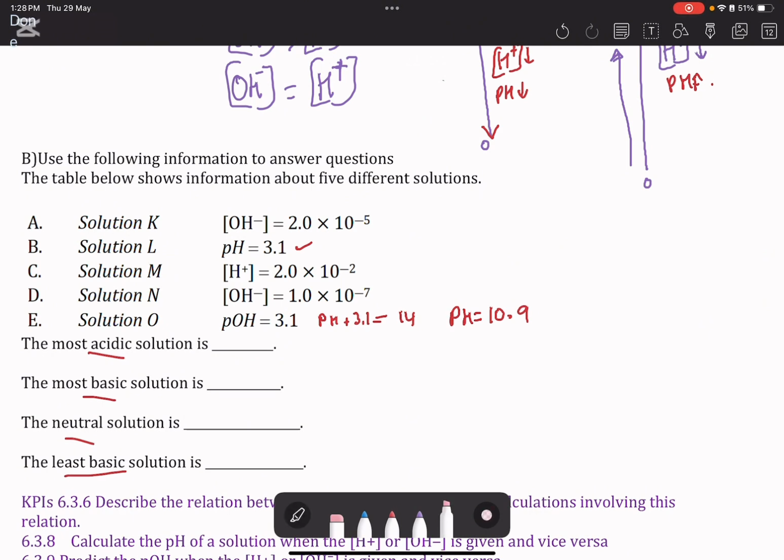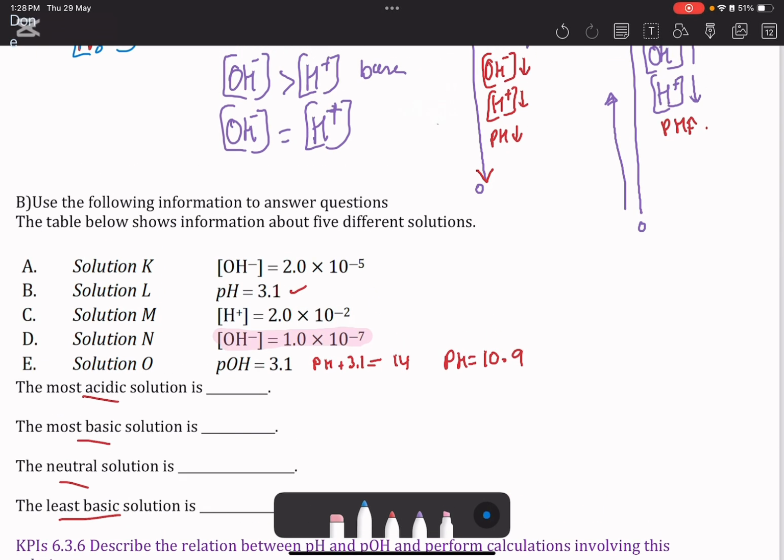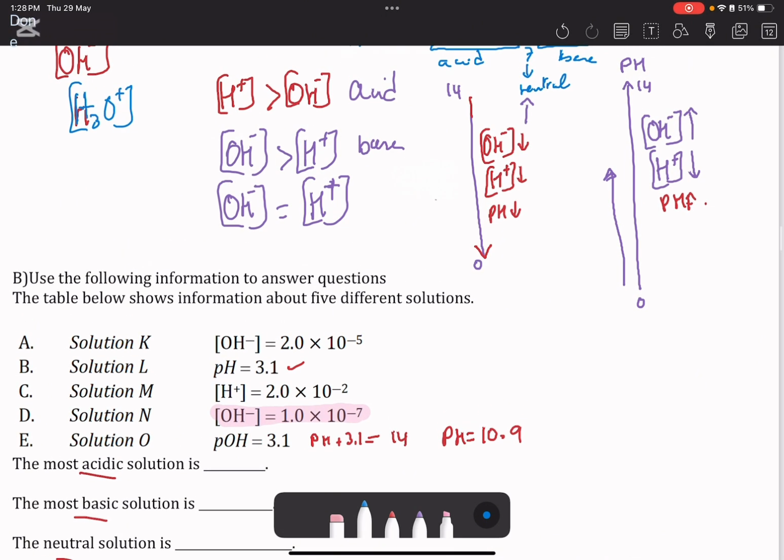Now, if you look at this one, the concentration of OH minus is equal to 1.0 times 10 to the power negative 7. When the concentrations of OH minus and H plus are equal, they are equal to this value as well. And that's the case of neutral solution. So here pH is 7. It doesn't need calculations. Now, I have here H plus.